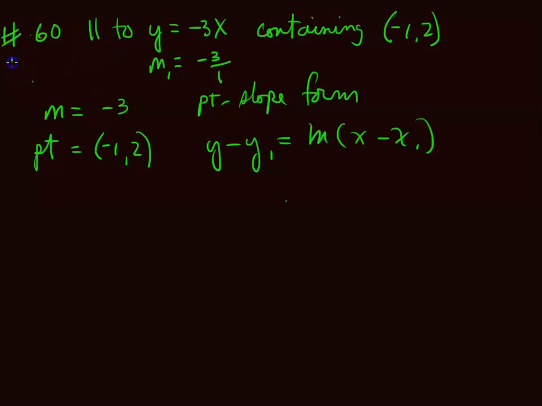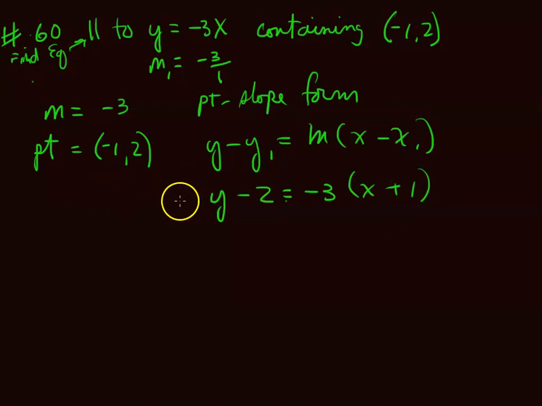Maybe I should put that on there too. Find equation parallel to y equals and containing. There's the slope I need since it's parallel. The point-slope form because I've got a point and the slope. So y minus 2 equals, the slope is negative 3, x minus, so I'm going to put plus 1.